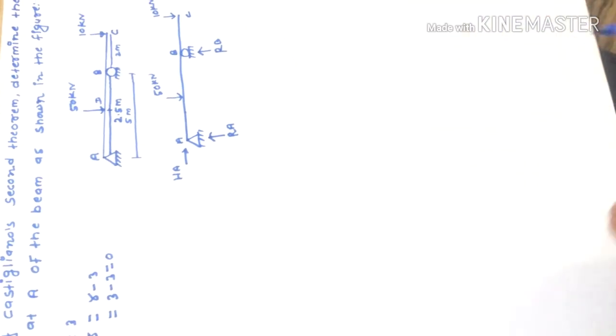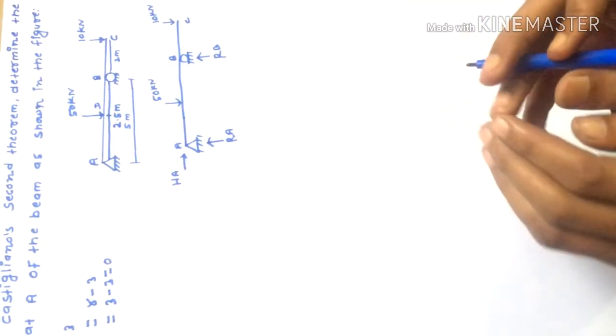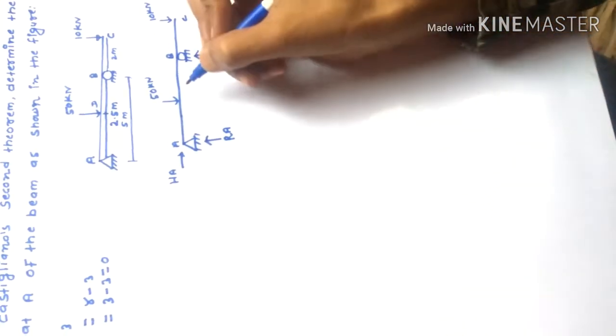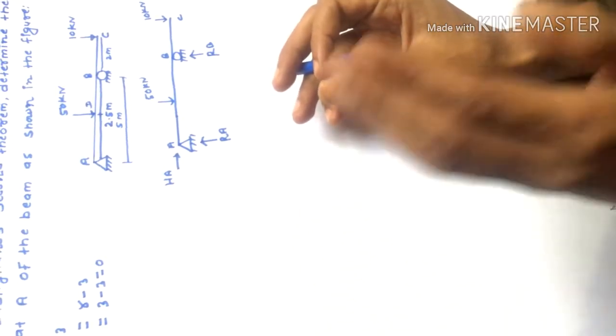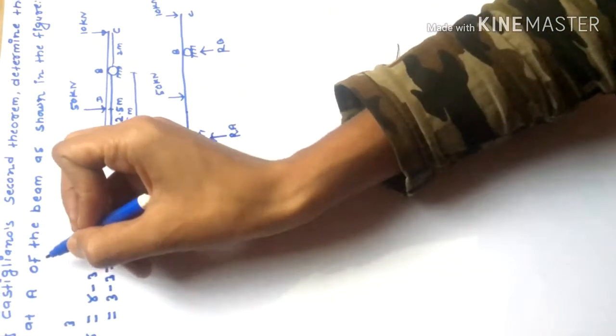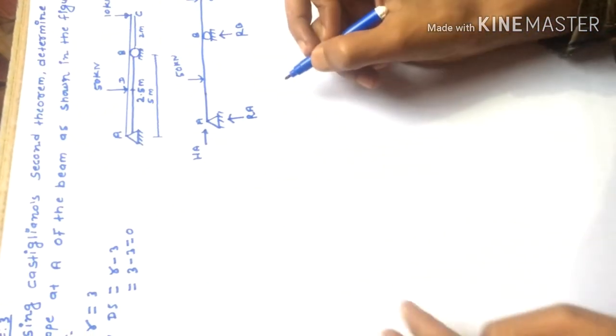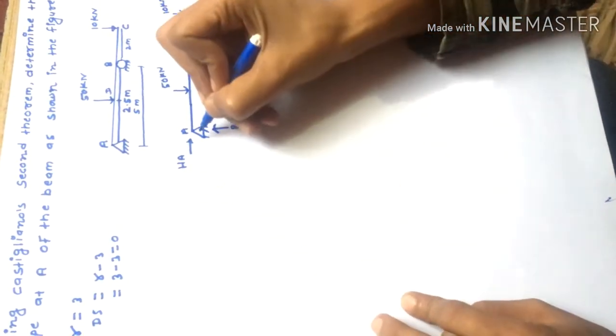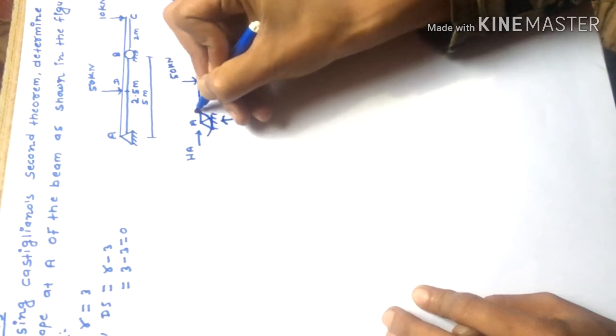Next, always remember that to calculate deflection at any point we use a dummy force or imaginary force, but to calculate slope at any point we use a dummy moment or imaginary moment at that point. According to this question, we have to calculate the slope at point A. So let us apply a dummy moment in anti-clockwise direction.